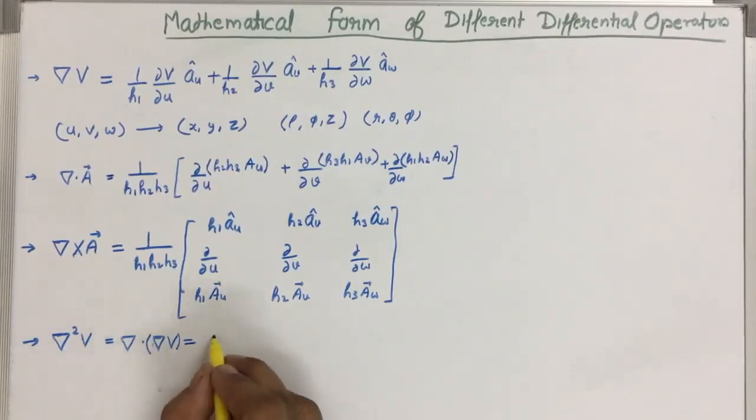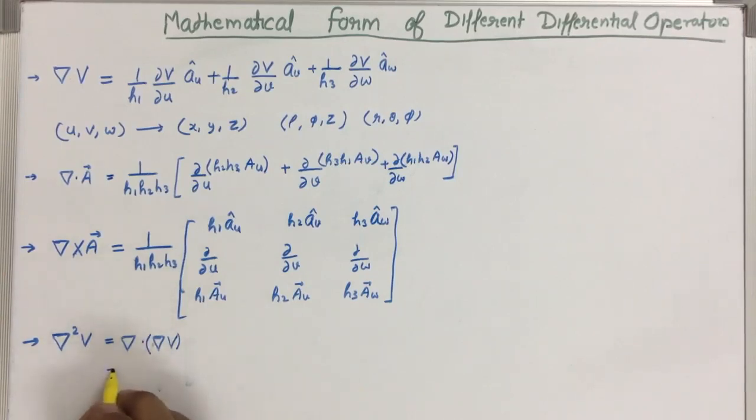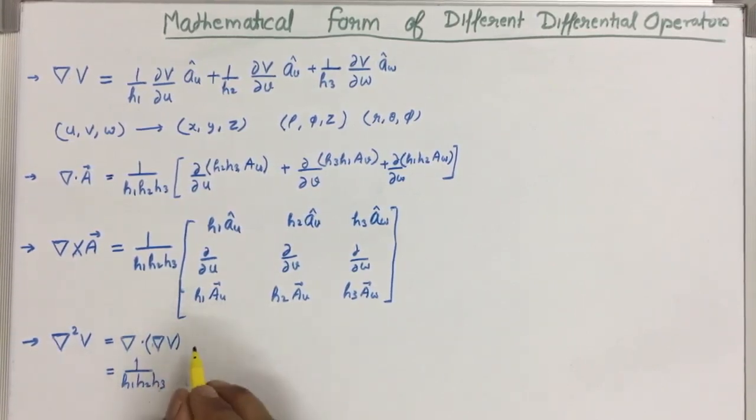So in generalized form it can be written similarly as 1 by h1 h2 h3 and in bracket d over du.